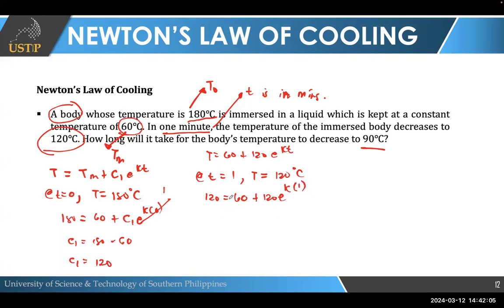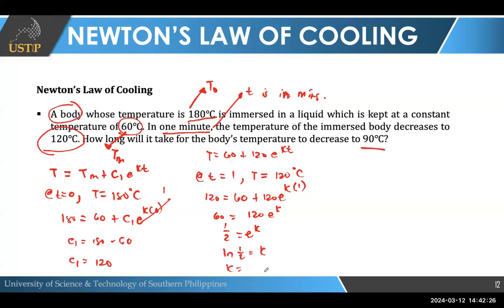Okay? So move the 60 to the other side, we have 60 is equal to 120 e to the k. So we have 60 divided by 120, that is 1 half. Okay, 1 half is equal to e to the k. So, ln both sides, ln of 1 half is equal to k.